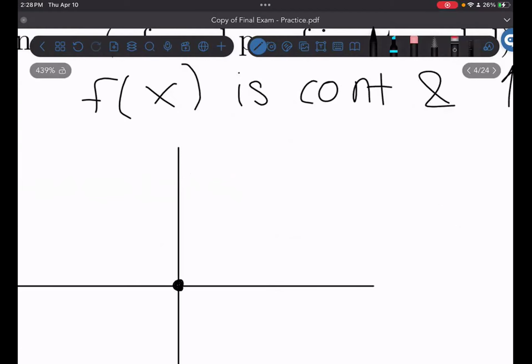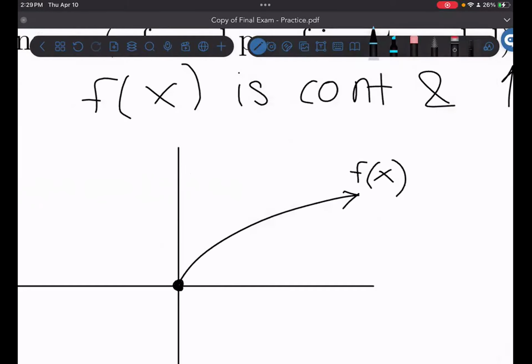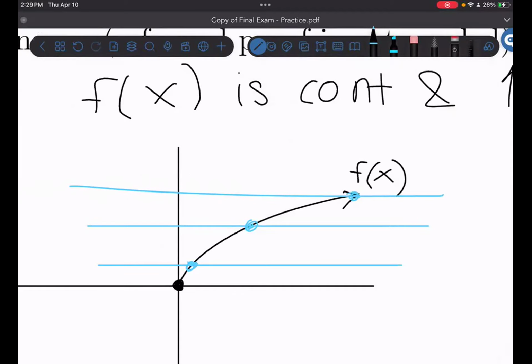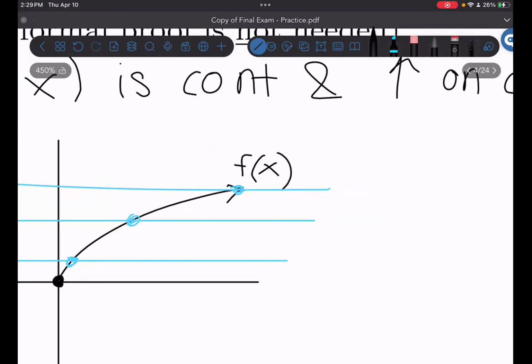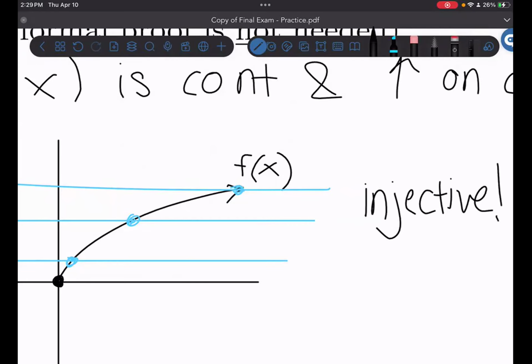So my x could be 0, and it just increases. Notice how it passes the horizontal line test. If I draw a line anywhere, it just passes it. So that means it is injective.